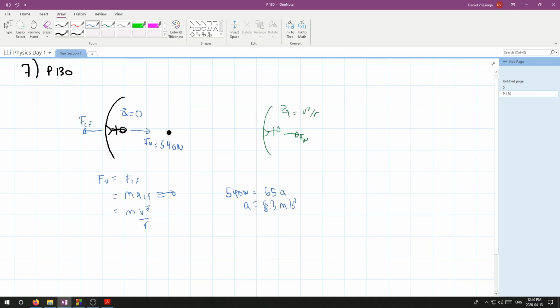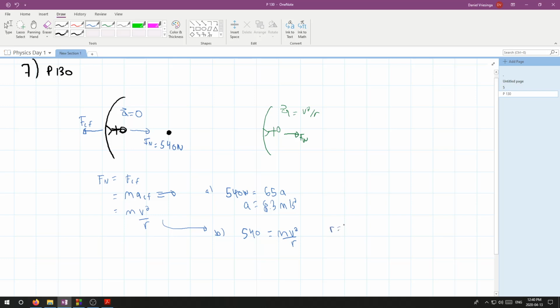If I want to find the speed, that's easy to do as well. So this is part A. Part B says her speed, again, is just the 540 newton normal force, that's what's read on the scale, is going to equal mass times velocity squared over the radius.